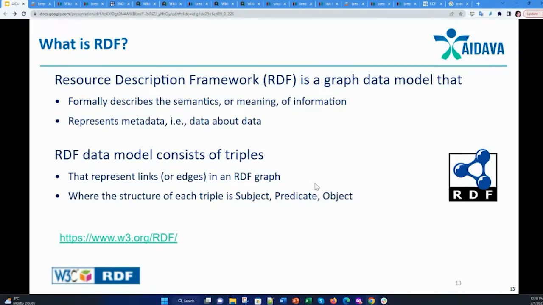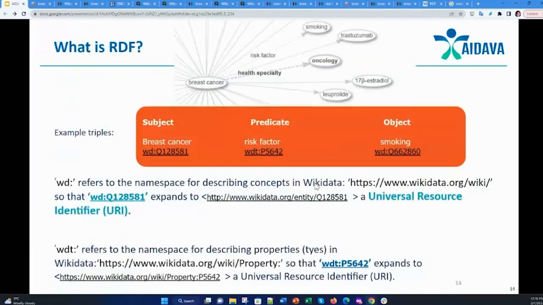This is a standard by W3C, and it formally describes the semantics or meanings of information and represents metadata, data about the data, and represents the relations, links, or edges in the RDF graph. And the basic form of presentation of information is the triple. RDF triples contain subject, predicate, object.